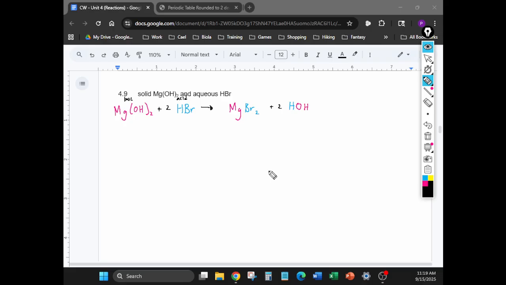Everybody good? Okay. One thing I do want to mention, I've been a little bit lax about doing this myself, but for this unit, be very careful about including the state of matter. If you look here, it says solid MgOH2, so make sure you write (s) behind it, and aqueous HBr. I know it's really annoying to do and easy to forget, but at least for this unit, get in the habit of doing it because it's kind of the whole point of the unit, right?